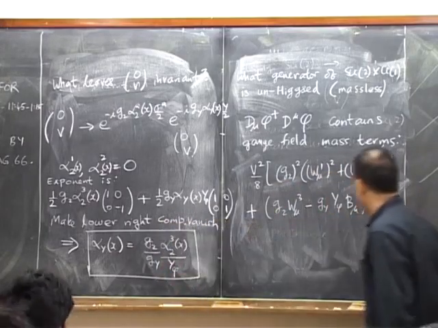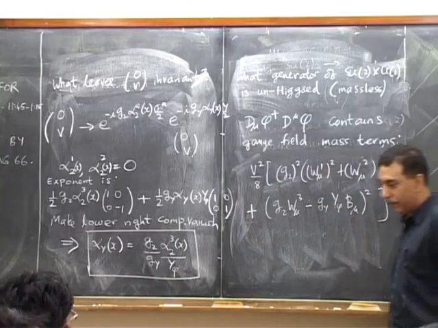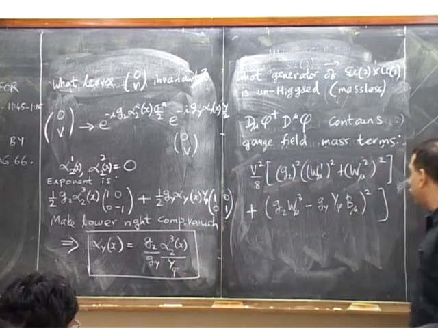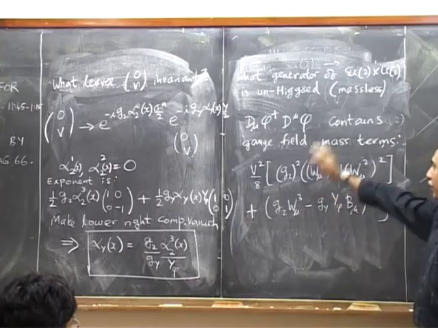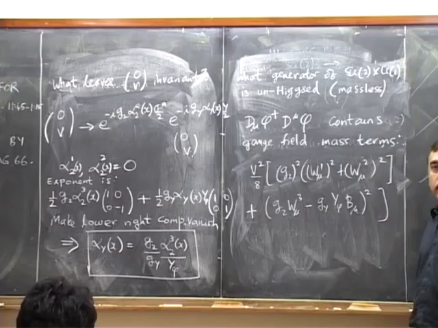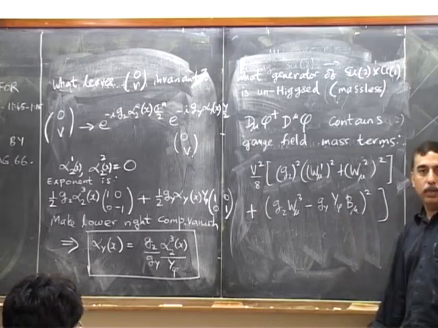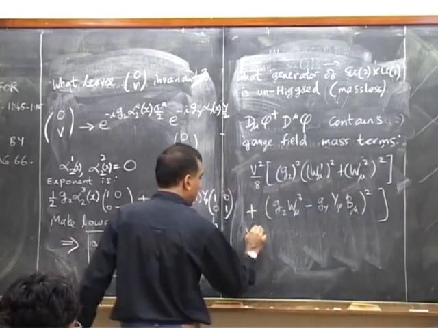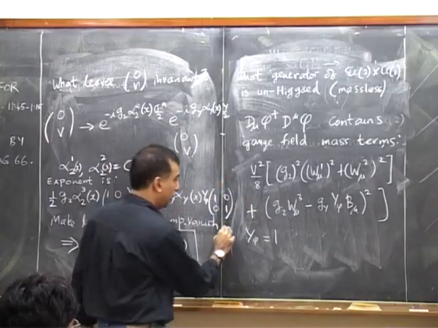However, as I said, that mixing is true only if y phi is non-zero. Now it's important that gy is also non-zero. In all these formulae, gy occurs along with y of phi, so we can actually choose y of phi to be any value we like and absorb that value into g. Most people just decide that y phi is equal to 1.